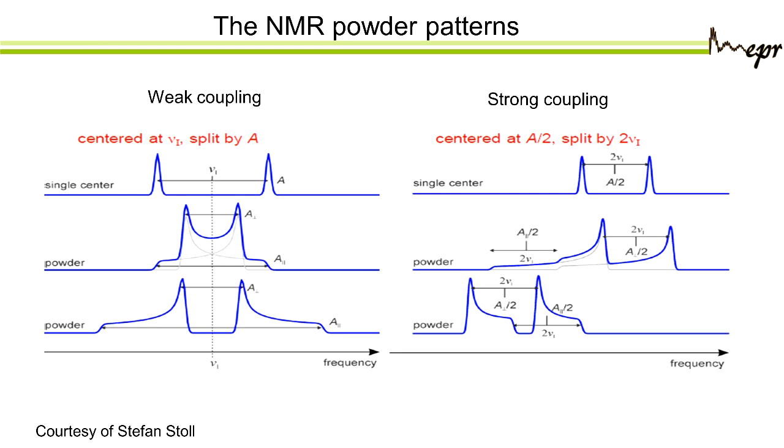And now for the powder pattern, it's a bit different. You recognize the perpendicular positions, right? They should be separated by twice the Larmor frequency, and the center will be A perpendicular over 2. Then you recognize the parallel singularities, and the center will be A parallel over 2, and the splitting will be 2 nu I. So when you get this, you're trying to see whether 2 nu I is the same for both regions.